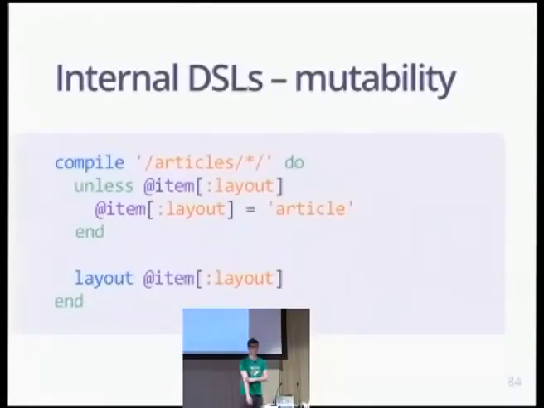Another problem is mutability. You could write a rule like this. I'm compiling all articles here, and if the item has no attribute called layout, then I'm going to set it to article, and then I use that attribute to find the layout, so I'm laying it out using the article layout.